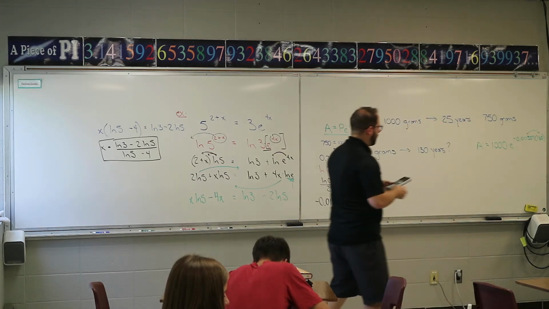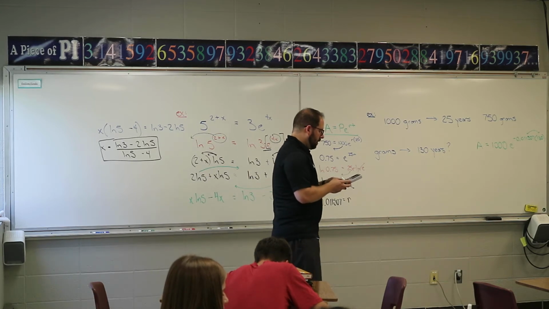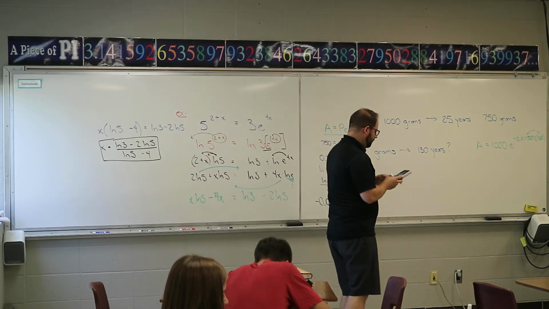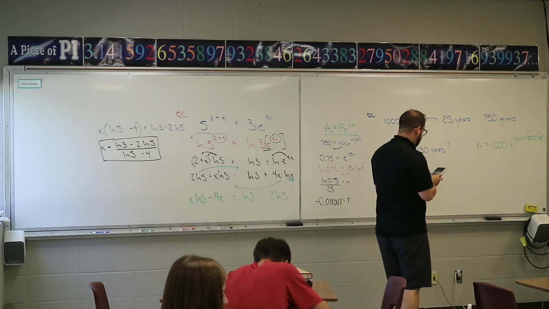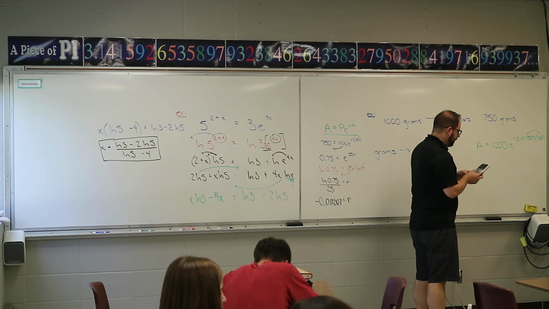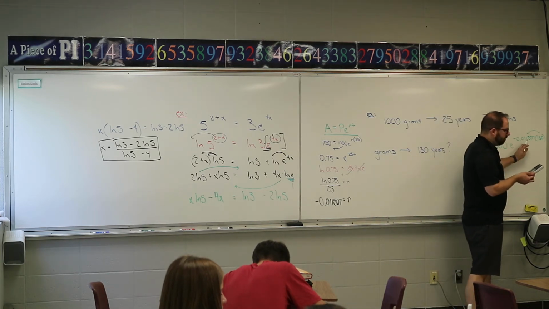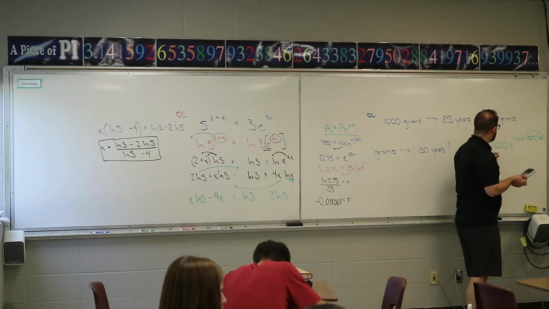I would just do that one step at a time. But typing this in, negative 0.011507, that times 130. All right, so this negative number in the power of e, taking it times 1,000.